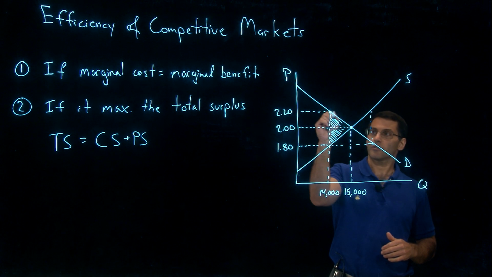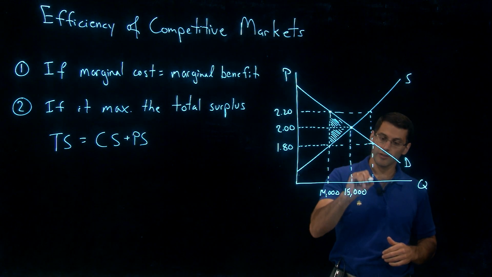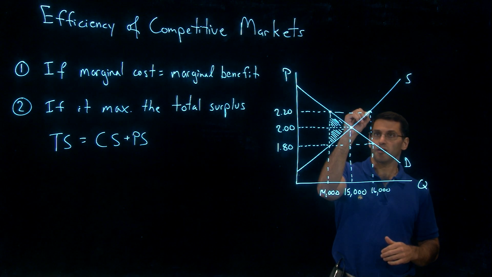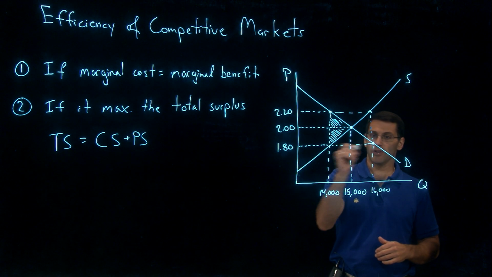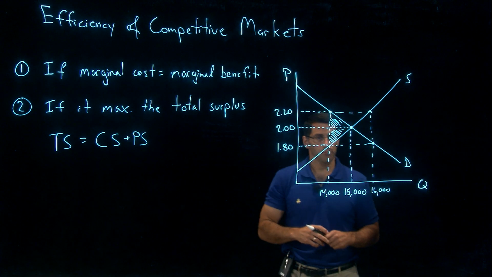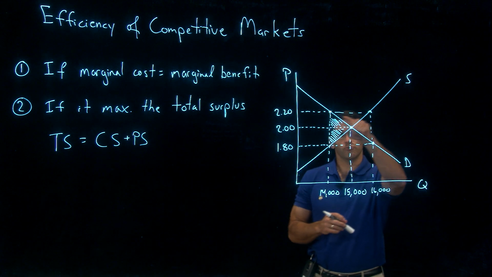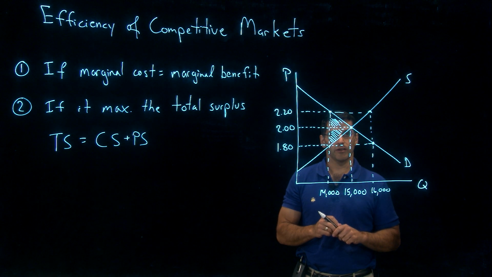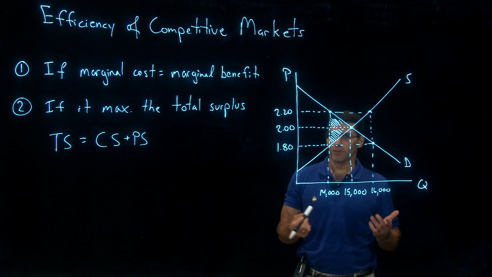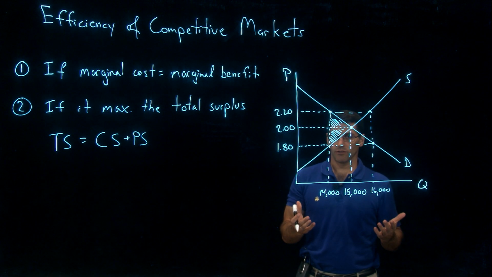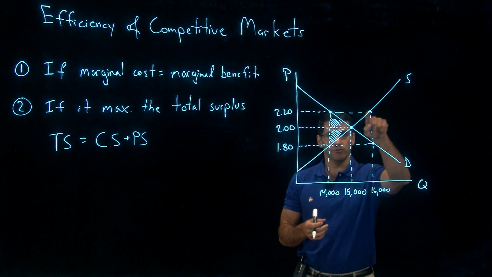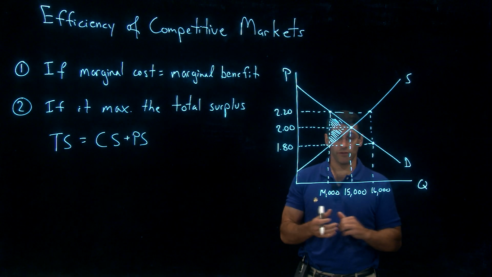Say we go out to 16,000, and just to keep it simple, we'll use the same numbers, except now the $1.80 represents the marginal benefit and the $2.20 represents the marginal cost of the 16,000th latte. Well, what's happening here? We should never be producing those lattes because it costs more to produce them than consumers are willing to pay for them.